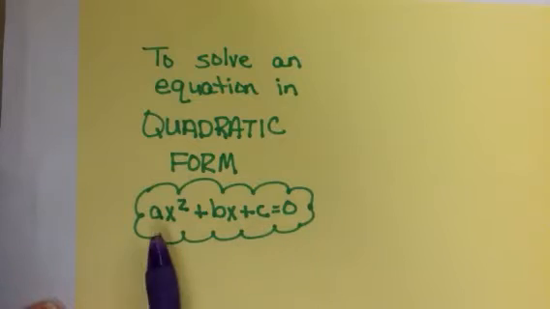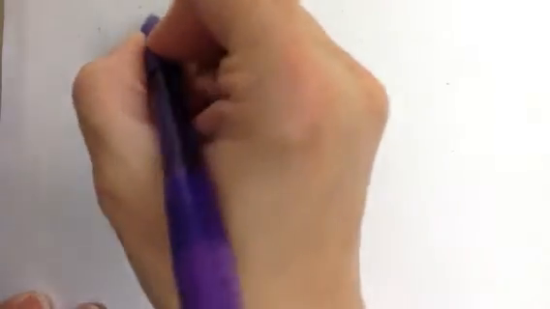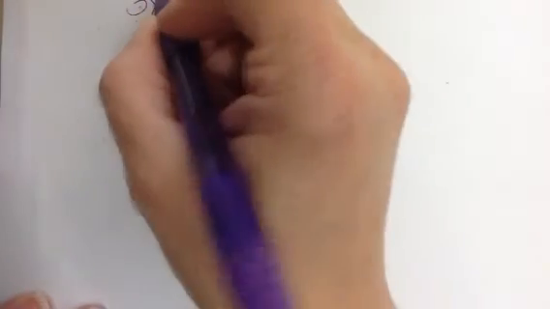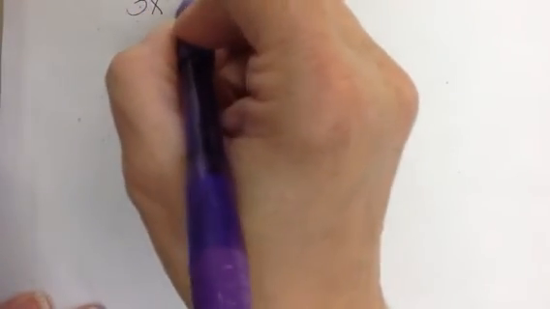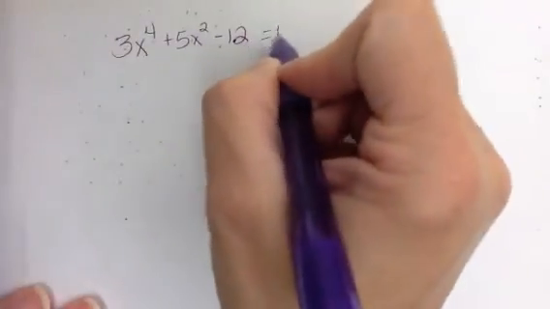Notice in quadratic form you have an x in the middle, and then you have an x squared. We talked about this a little bit, but what that means is, if we had an equation, and these won't factor, I'm just making them up as we go along, something like 3x to the fourth plus 5x squared minus 12 equals 0.